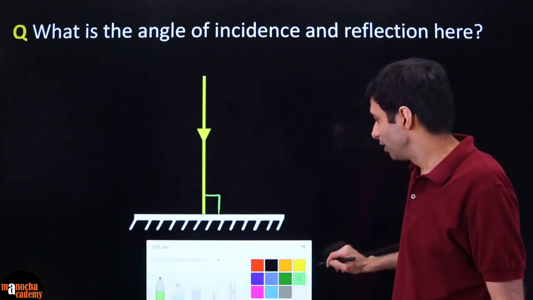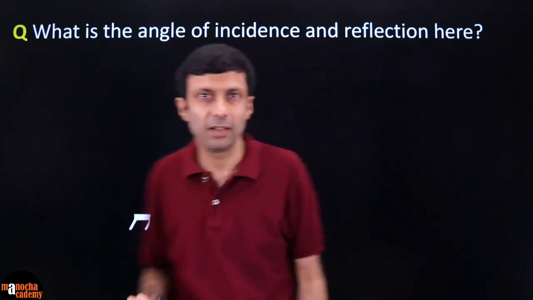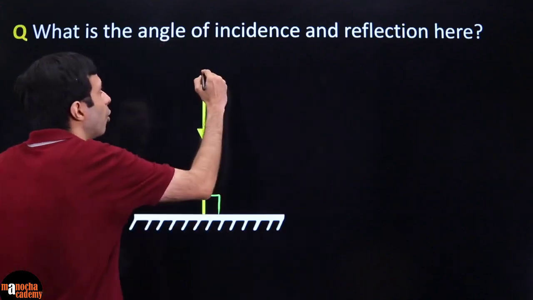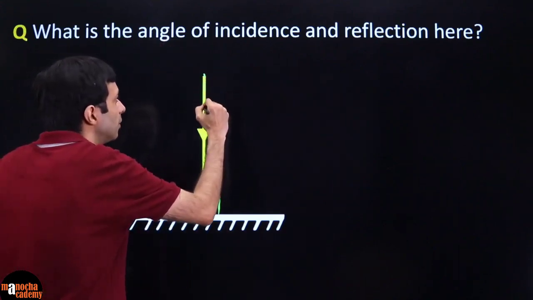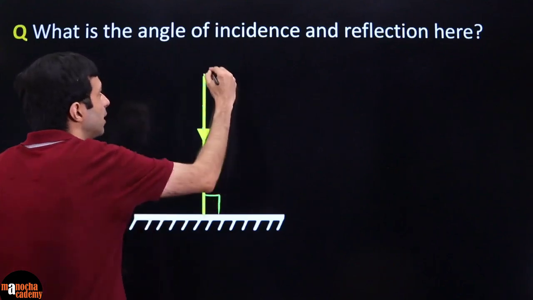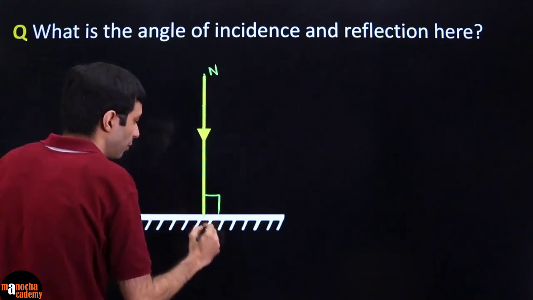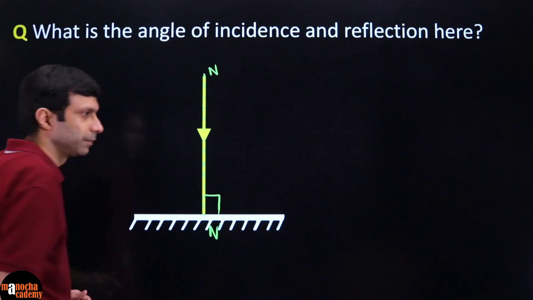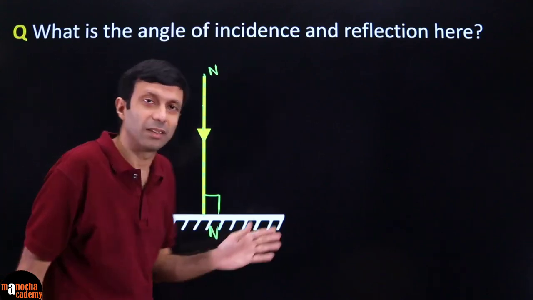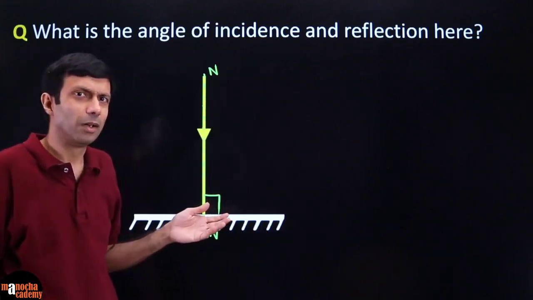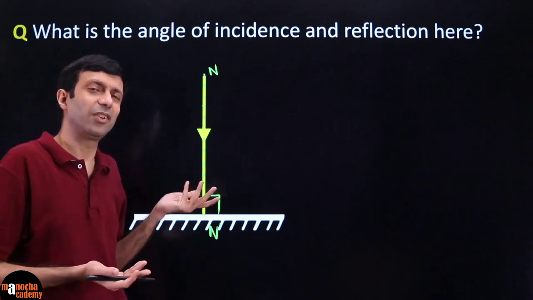So what is the normal? The normal is again an imaginary line drawn perpendicular to the mirror. Will you agree? Is this not our normal, N dash? The incident ray is actually along the normal. So what is the angle between the incident ray and the normal?